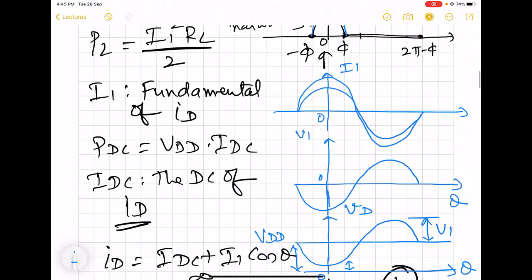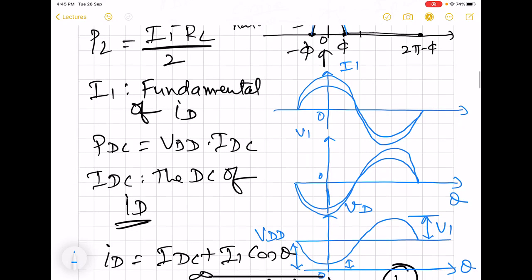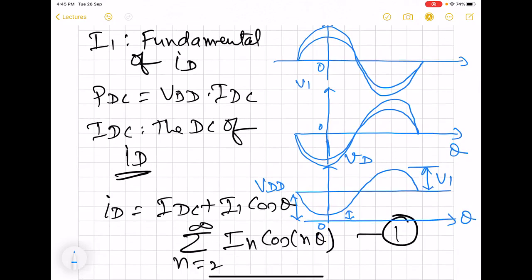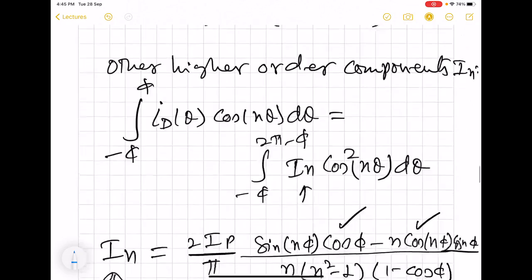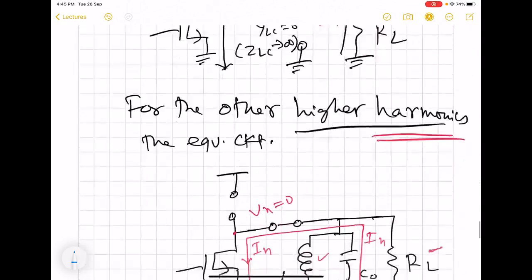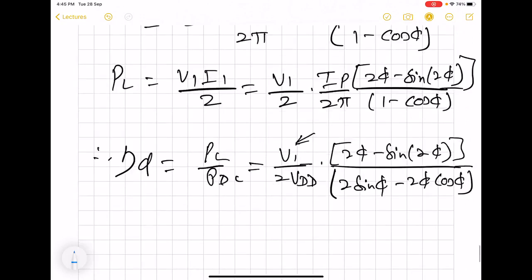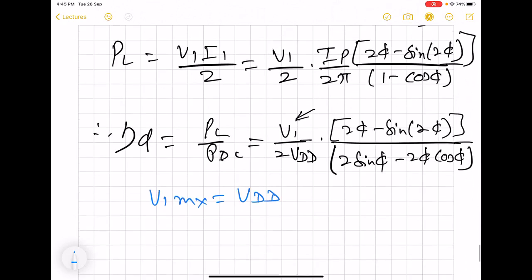So this larger fundamental, when flows through the load, will give rise to larger voltage swing at the output, and that will finally lead to voltage swing equal to VDD. So by increasing the input, we can increase the drain efficiency. So the V1 max is equal to VDD.